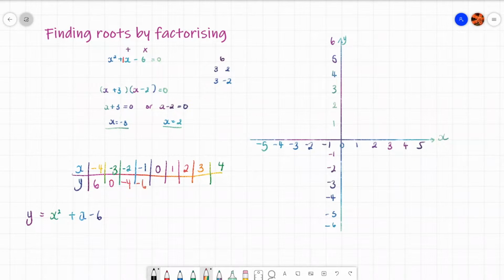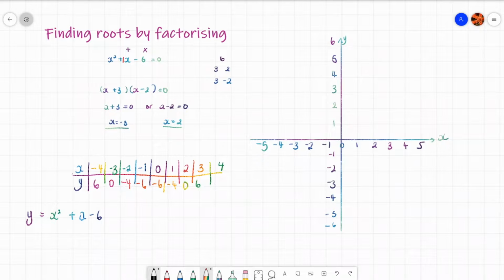Let's do 0 now. 0 squared is 0, that's going to be minus 6 too. Then 1 now. 1 squared is 1, add 1, take 6 is minus 4. And you can see it's symmetrical, isn't it? Let's do 2. 2 squared is 4, 4 add 2, take 6 is 0. And then we can really figure out what the next one's going to be. The next one's going to be 6. And I'm just going to leave it at that.